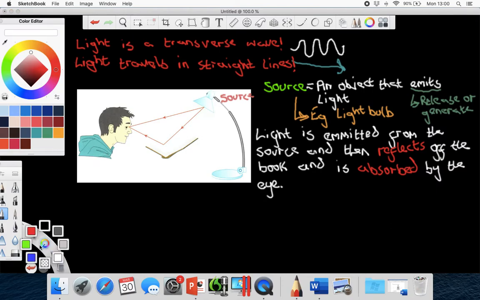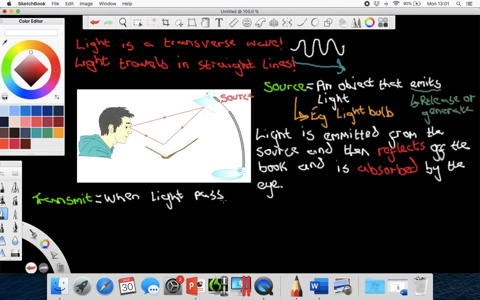So we can say that transmit means when light passes through or off an object.